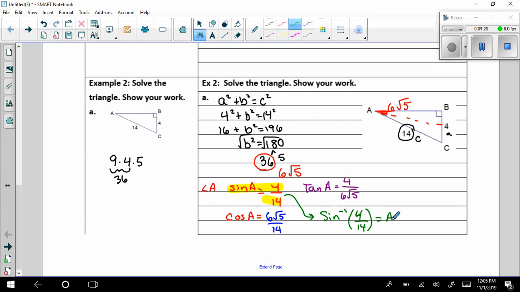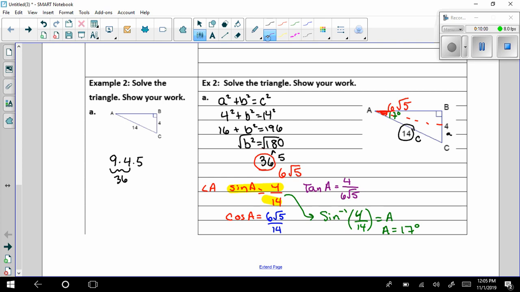You can plug just regular ratios into it. I just type that into my calculator. You do want to close your parentheses for this one. So 4 divided by 14, close your parentheses. And I get 16.6. We are again going to round that up to the nearest degree for these. So A is 17 degrees.